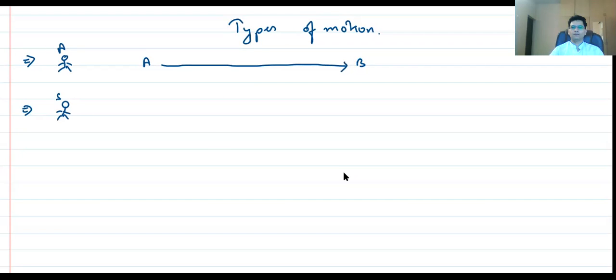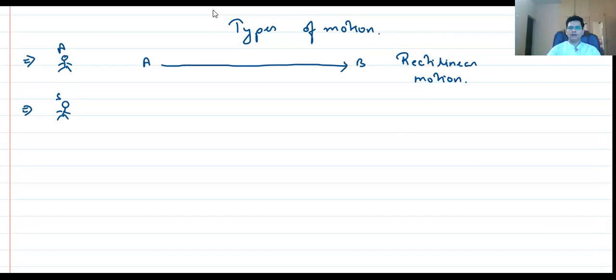What is this type of motion called? It's a straight line, it is linear. So this kind of motion is called rectilinear motion. Yes, very good. Rectilinear motion. Okay, got it? Anyone have any issues?